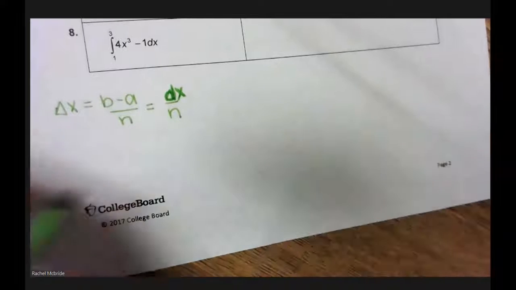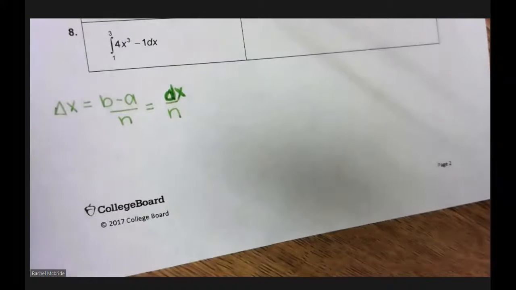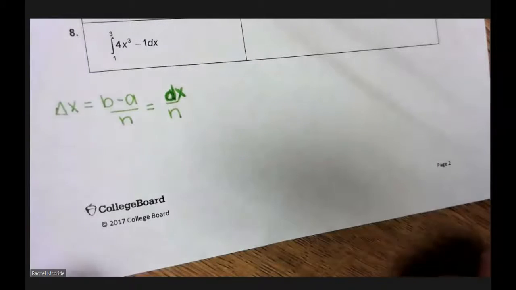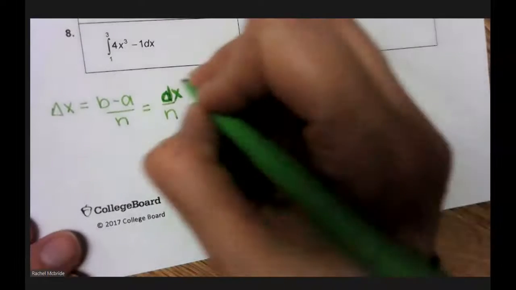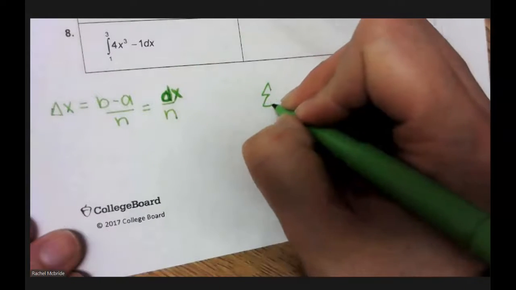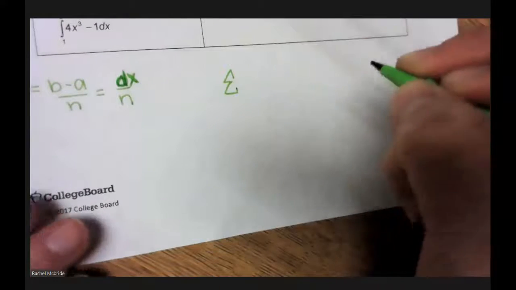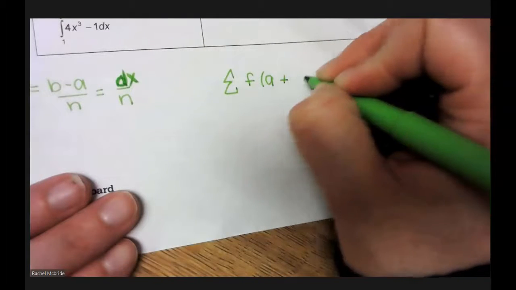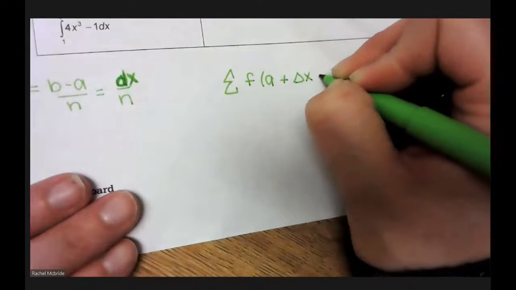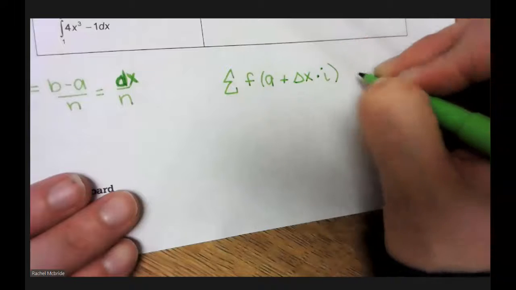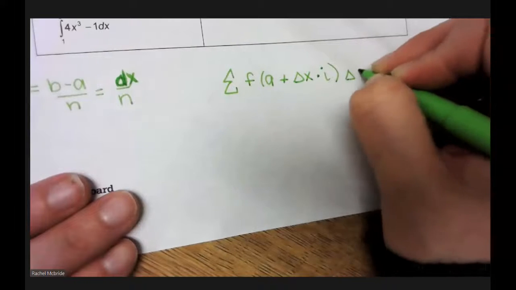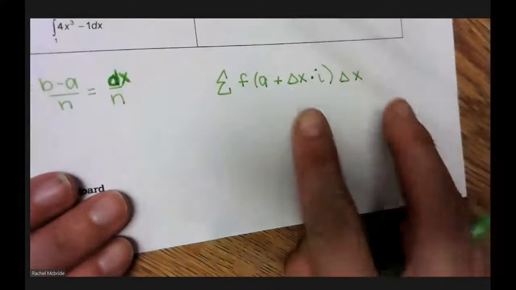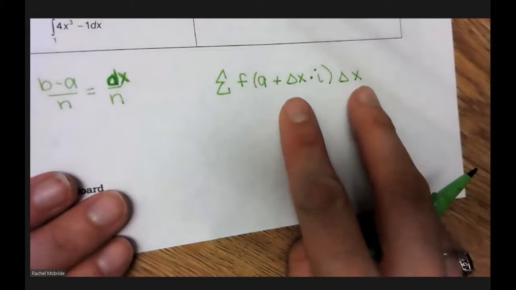And we're going to talk about how that works into our formula. So the Riemann sum is going to become f of a plus i times delta x, times delta x. So the delta x almost repeats in our problem.